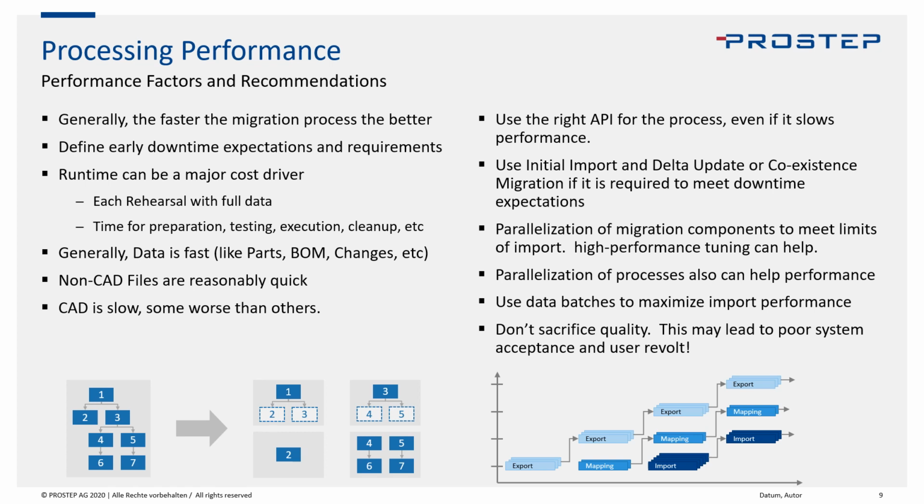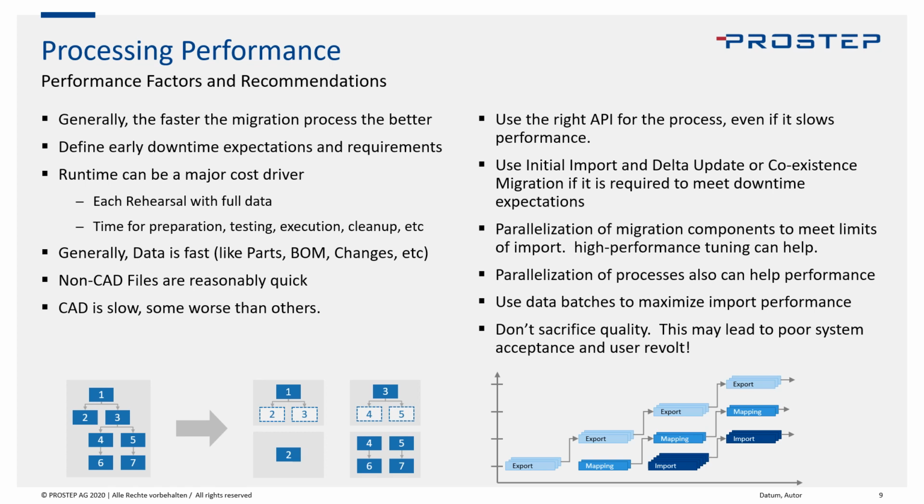Especially if you're doing an ETL style migration and running multiple full data rehearsals, if it takes 2 weeks to process all that data through an initial load and a Delta update, well, it might take 3 or 4 weeks to do a complete rehearsal. And if you're doing 2 or 3 of those, that's a lot of time to process all the data for testing. And that needs to be accounted for.